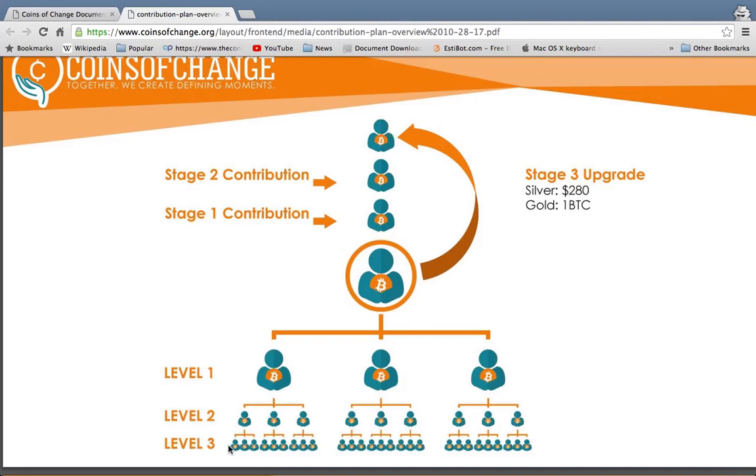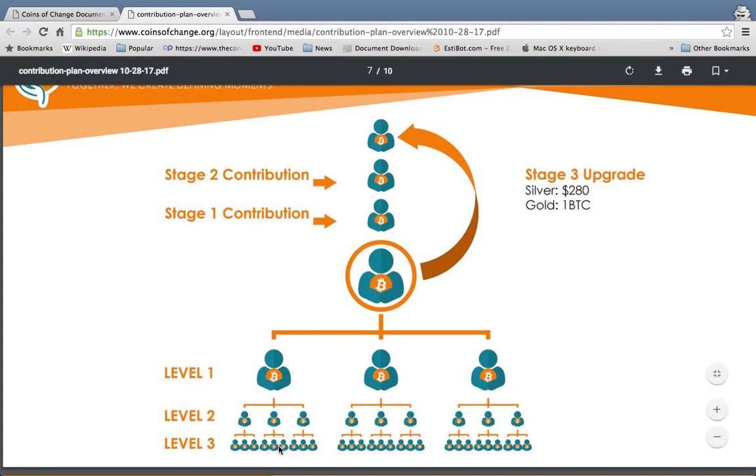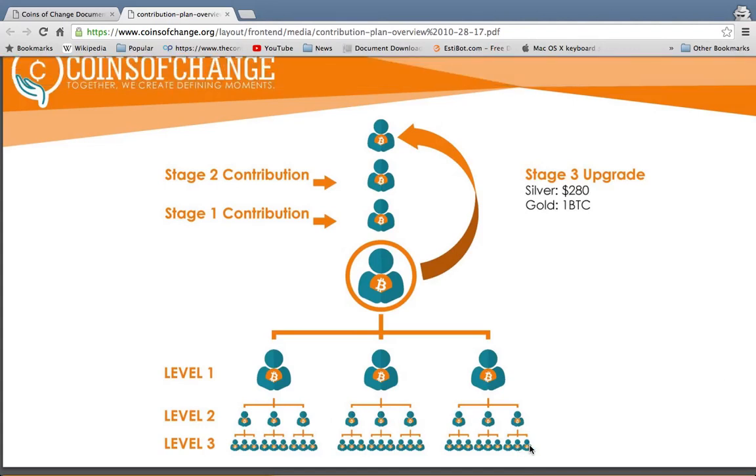So now imagine this person, level 3, right? Imagine him being you. This is how this works. When these 27 people upgrade to level 3, when they make their stage 3 upgrade, all of this money goes to you.